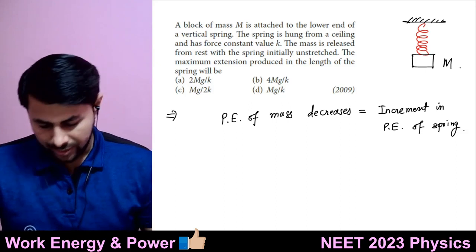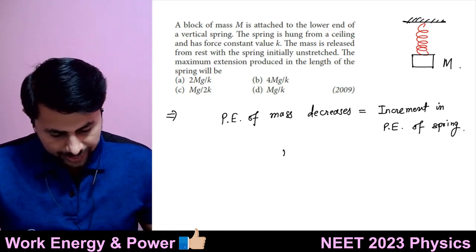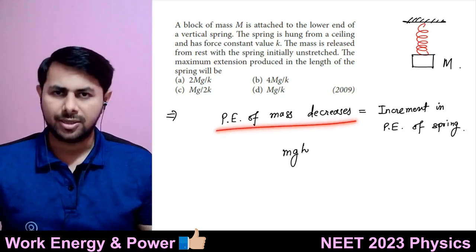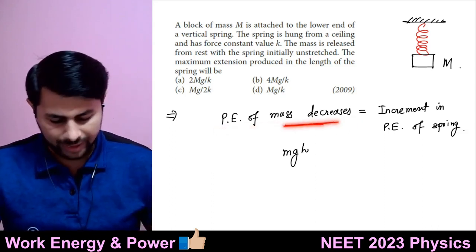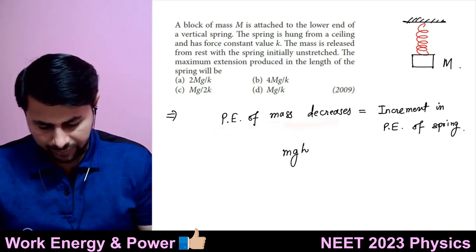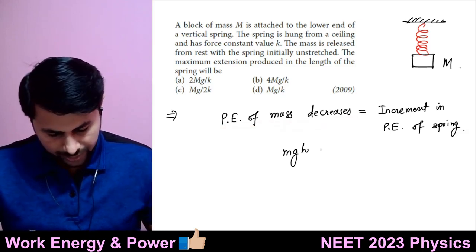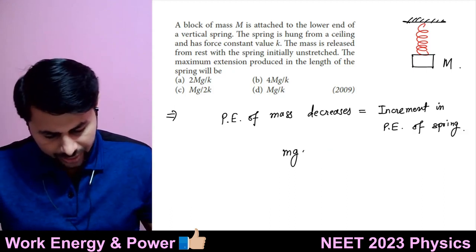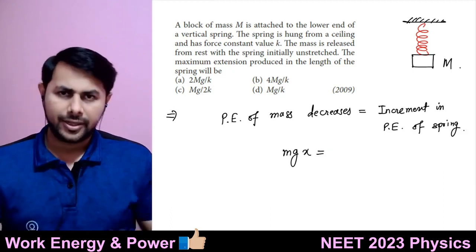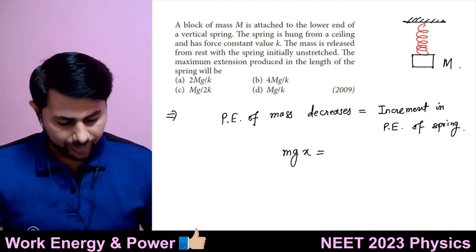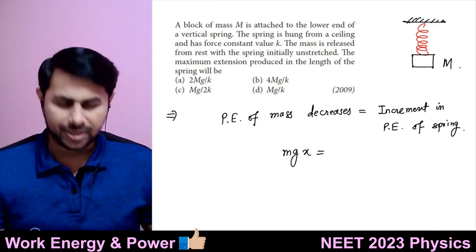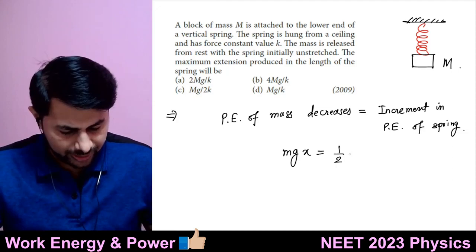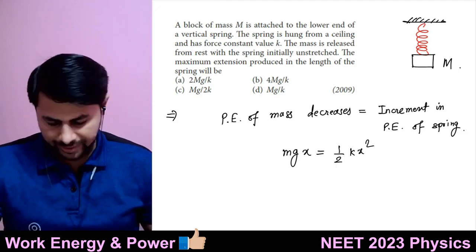So mgh, suppose, is the decrement in the potential energy of the mass. Instead of h, let's call it x only. So mgx is the decrement in potential energy of the mass. The increment in potential energy of the spring is half of k times x square.